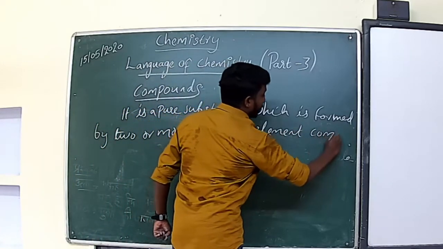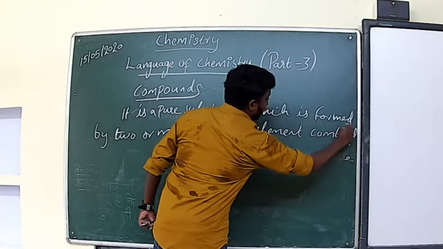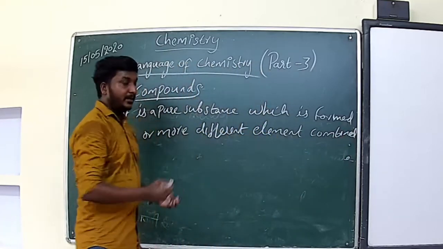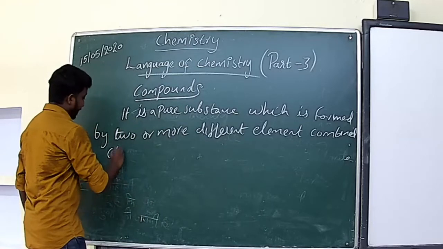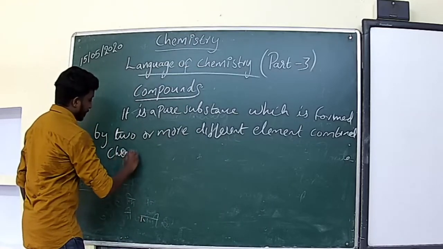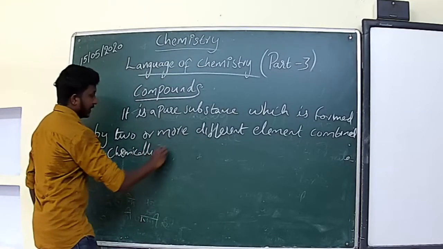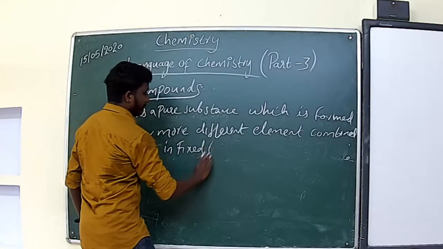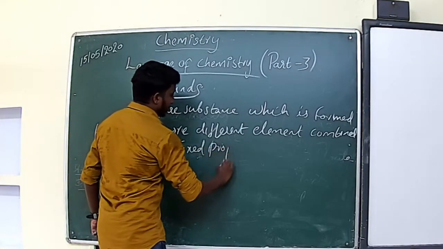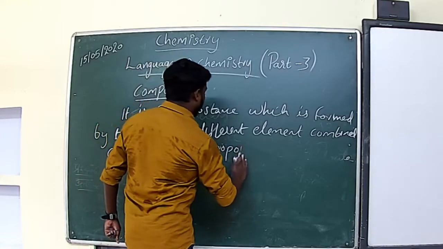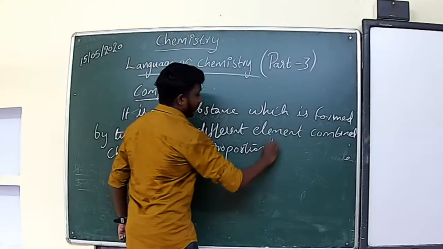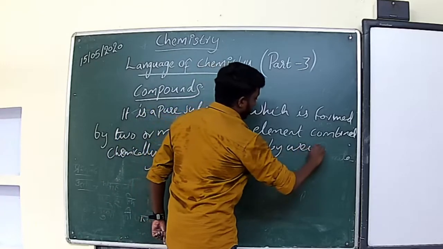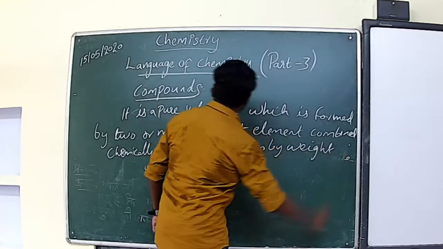How is it combined? Chemically, it is combined chemically by chemical bond, in fixed proportion by weight. This is known as compound.